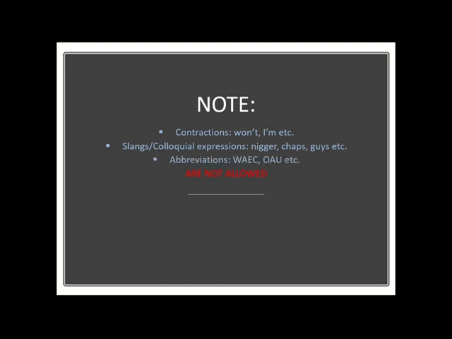And here again, we have abbreviations. Please, you write your words in full. You write the organization name or whatever you want to write in full. Say WAEC. You don't say WAEC, you say West African Examination Council. Your OAU, you can write Obafemi Awolowo University, and so on and so forth.